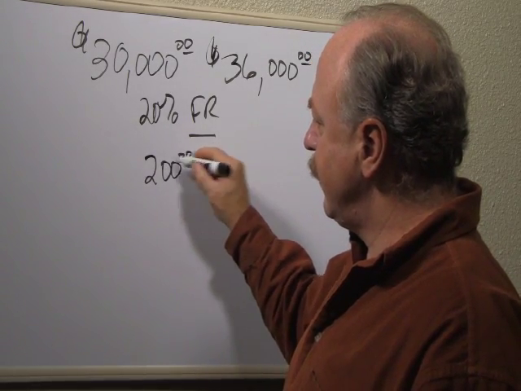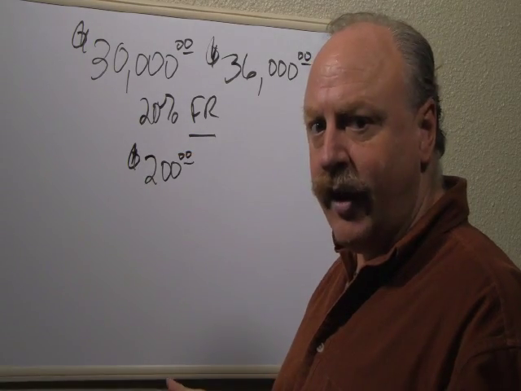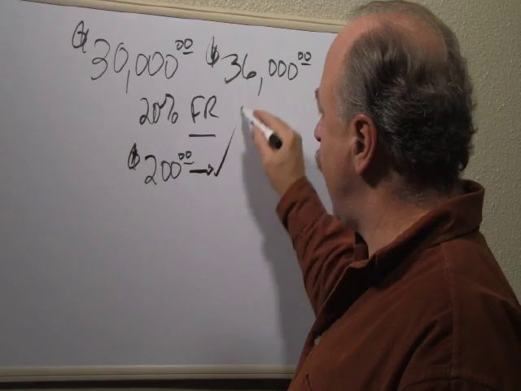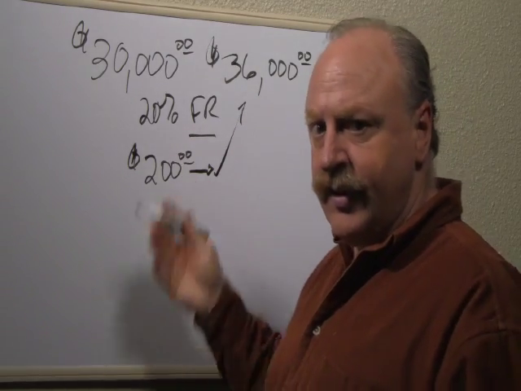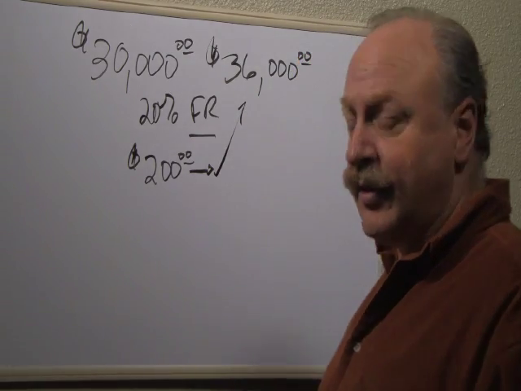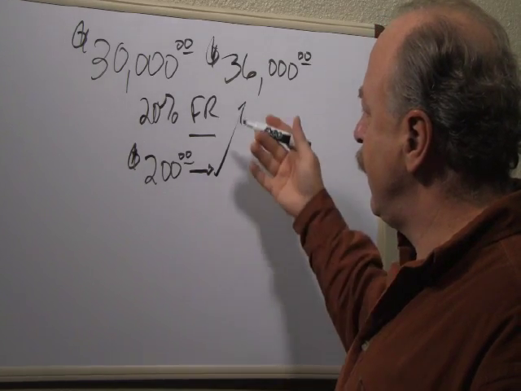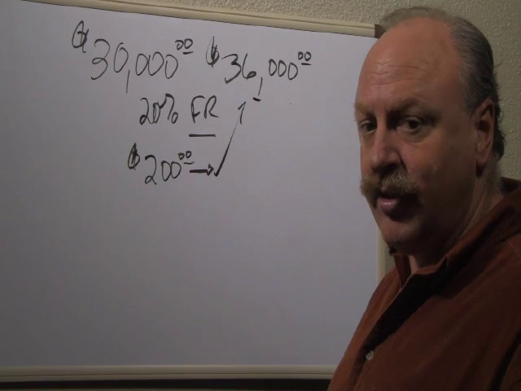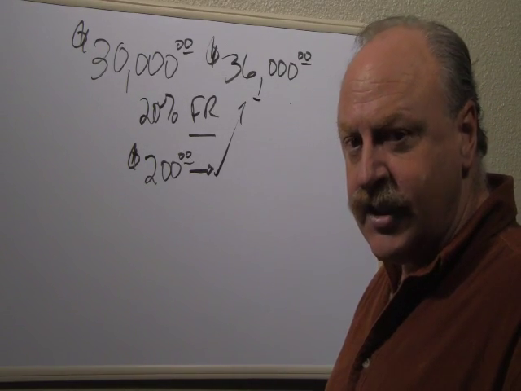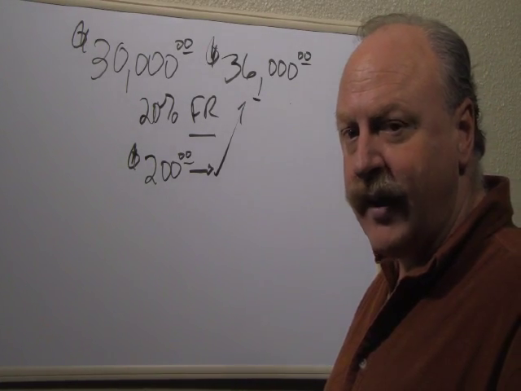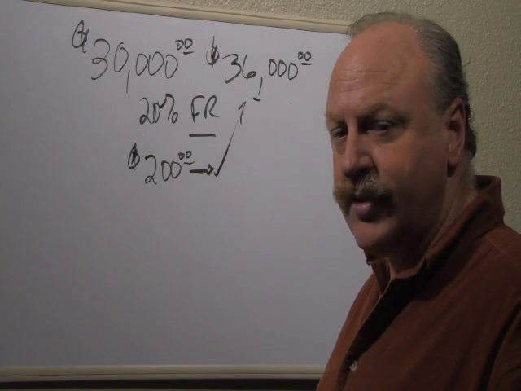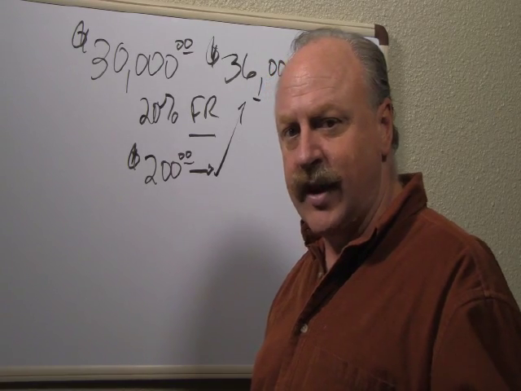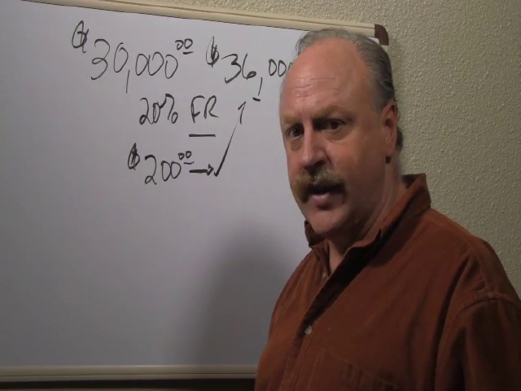Again, the number is $200 for this example. And that $200 works against the $36,000. So each day $200 is deducted from the $36,000 owing. You can do the math on that and see how many days it takes to pay back. These are short-term loans. They're not amortized out over 25 years. They're typically amortized out over 4 to 6 months.